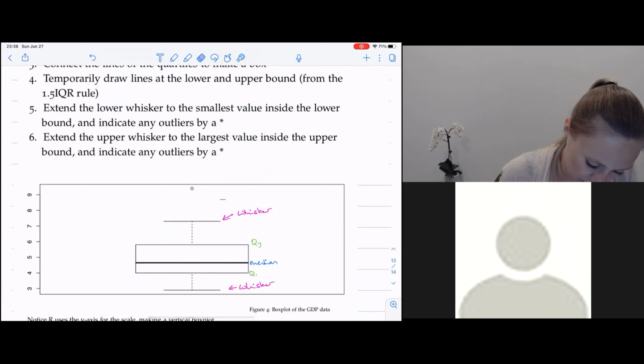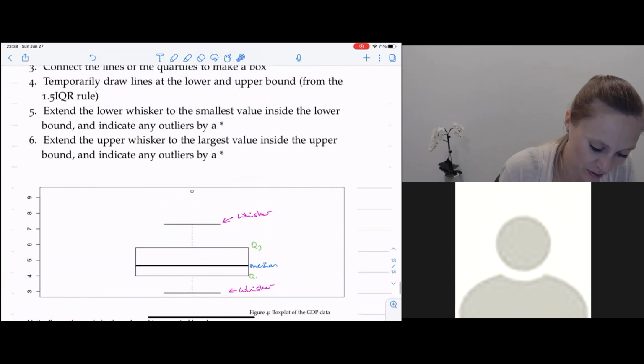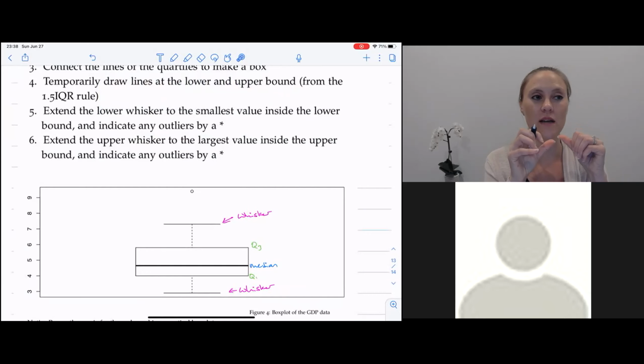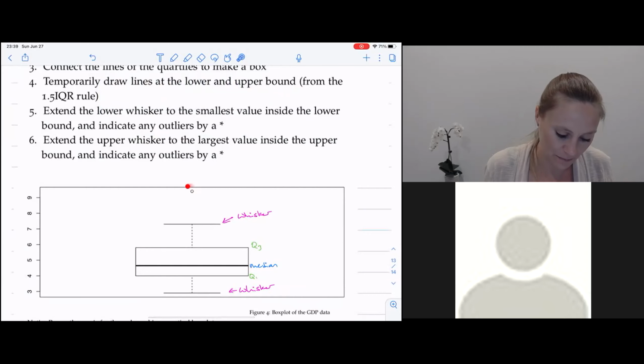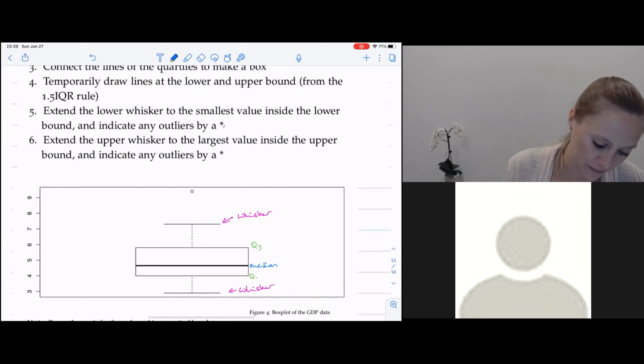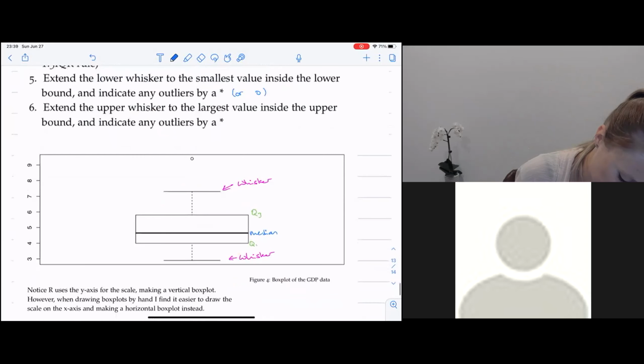That's what it means when it says temporarily draw the lines at the lower and upper bounds from the 1.5 IQR rule, and then extend the lower whisker to the smallest value inside the lower bound. And then any outliers are indicated by an asterisk or just a dot. So here, this is an outlier.